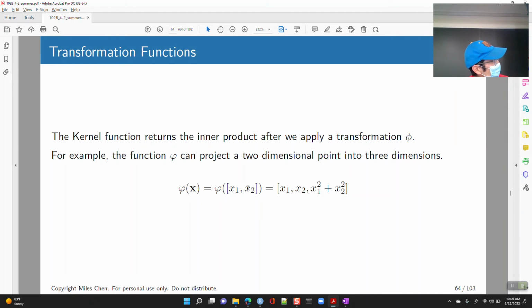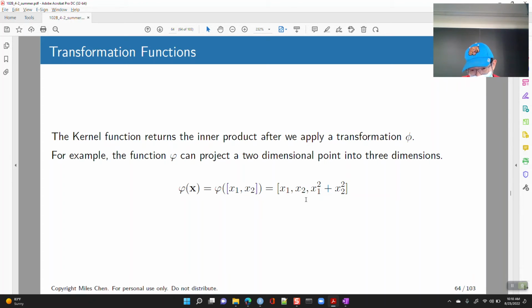After I apply this transformation function, my data is going to exist in 3 dimensions. We keep the x1 coordinate, we keep the x2 coordinate, but I'm going to add a third coordinate, and that third coordinate's value is going to be x1 squared plus x2 squared.